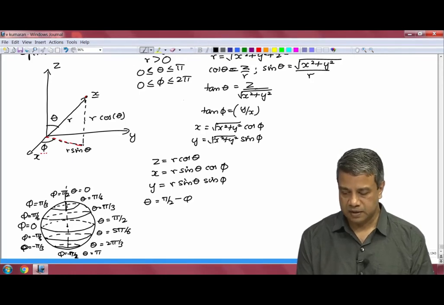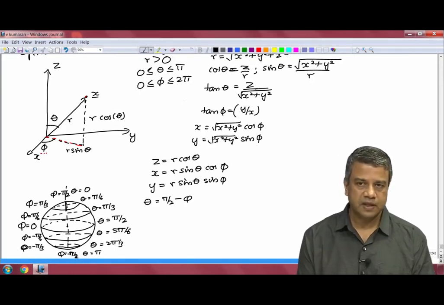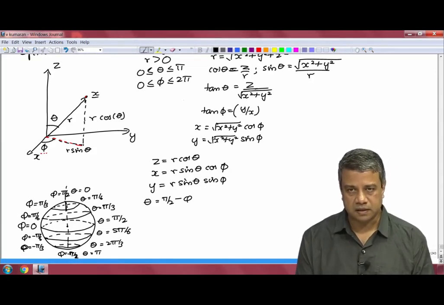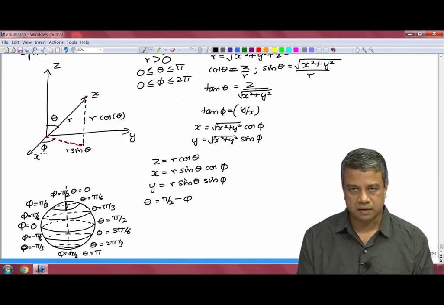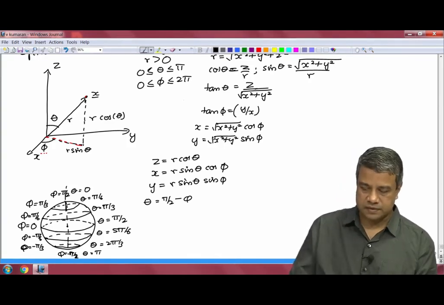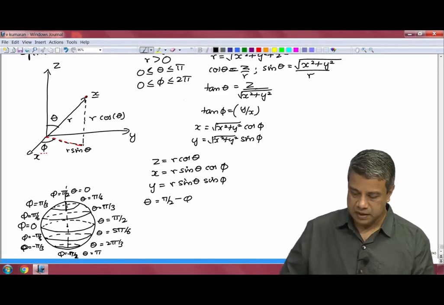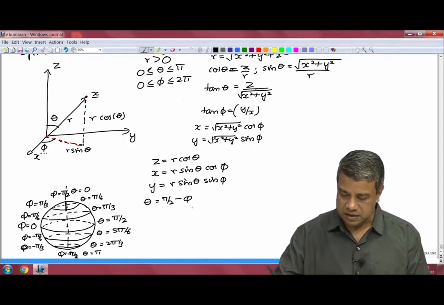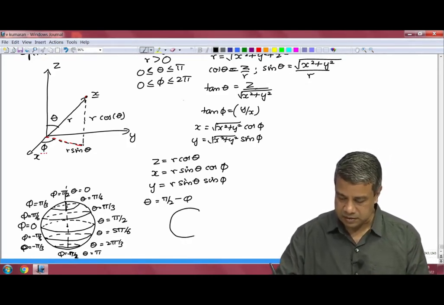So, these two are almost the same. The angle theta is equal to pi by 2 minus the geographic latitude, for the sectioning on the surface of a sphere. And the longitudes are exactly the same as the meridional angles.